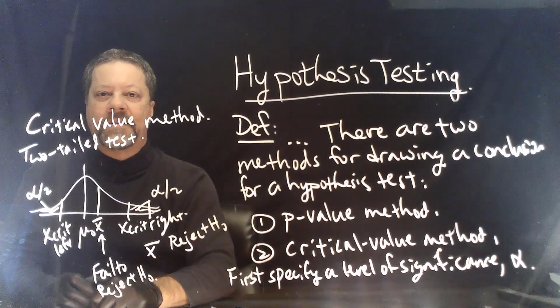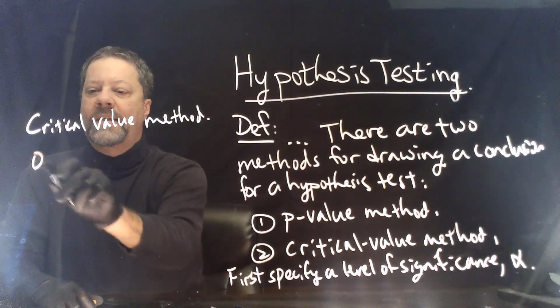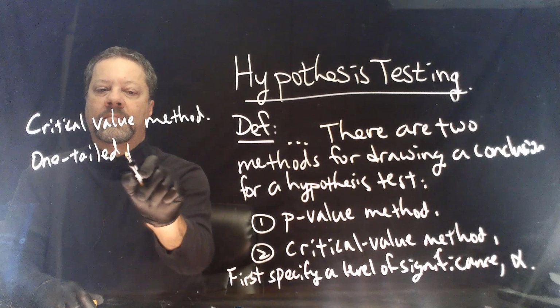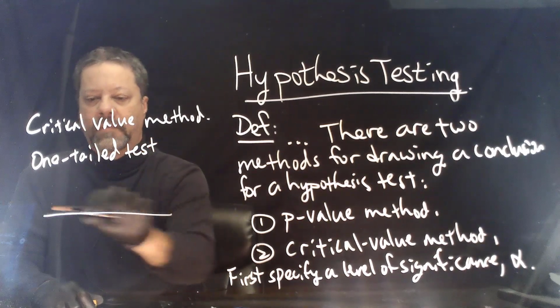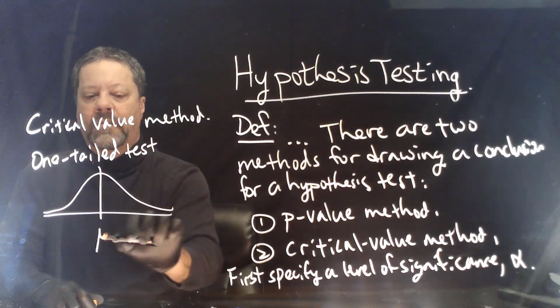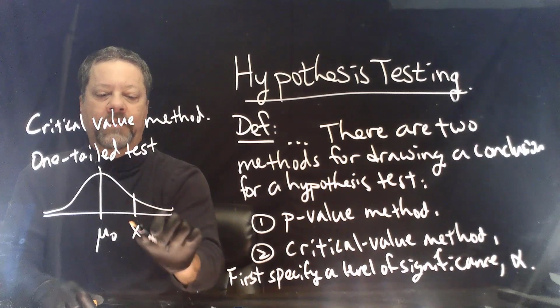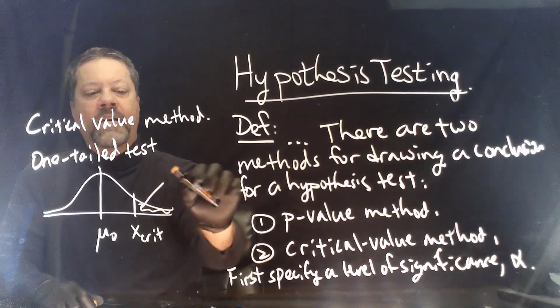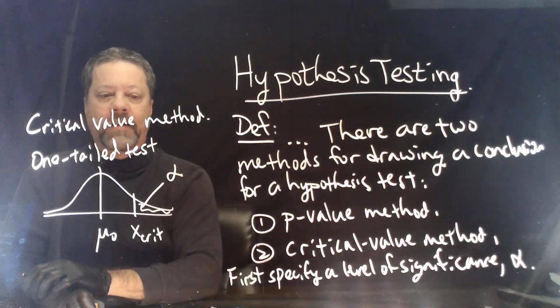For a one-tailed test, there's only one critical value where the area is the entire level of significance alpha.